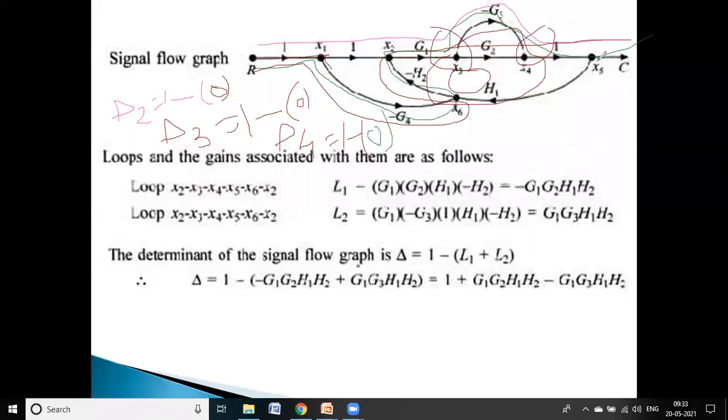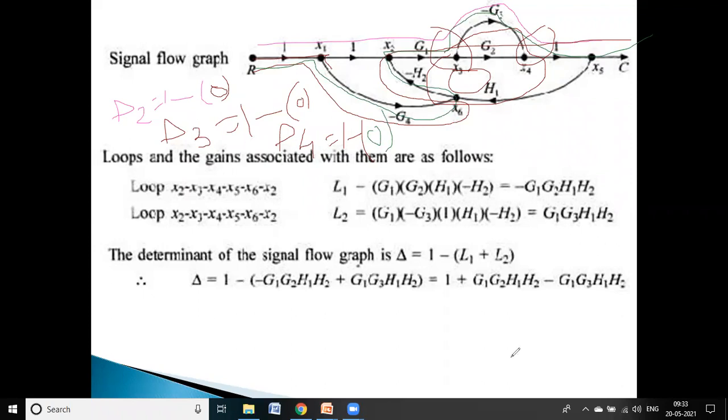If any of the loops is not in contact with the forward path, in that case, we have to put that loop gain value in these brackets. Is it clear? So delta 1, delta 2, delta 3, delta 4, everything is unit value.